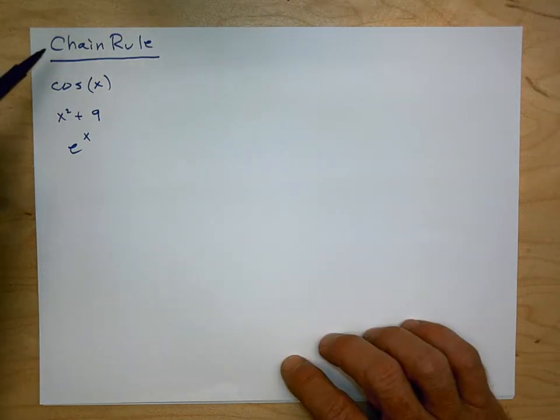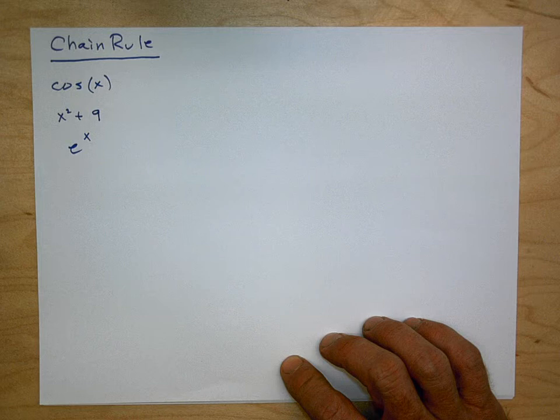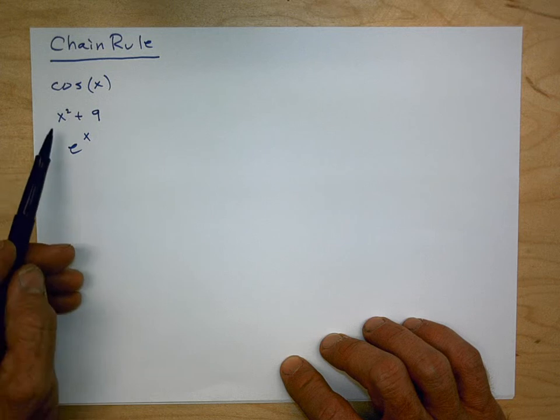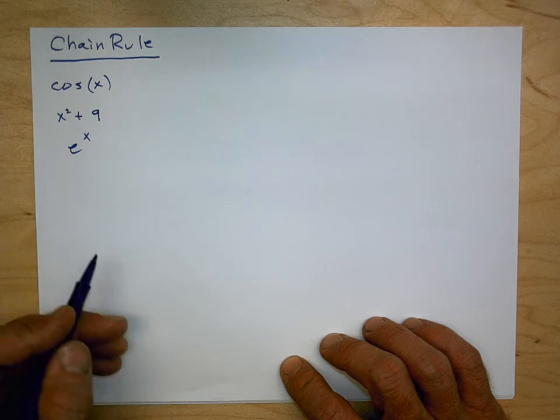Okay, in this video, I would like to discuss the chain rule for finding the derivative of a composition of functions. So we already know how to find the derivative of things like cosine x, x squared plus 9, and e to the x.